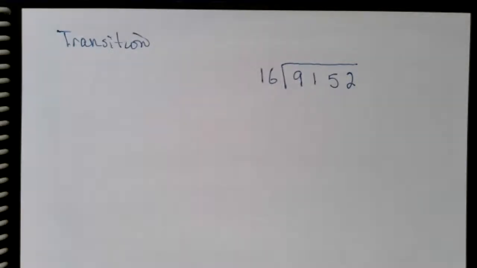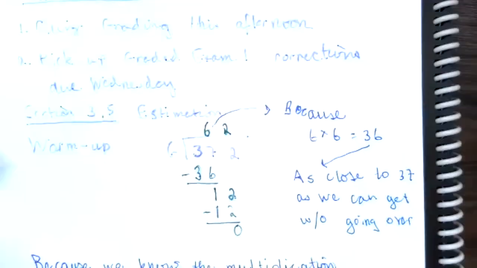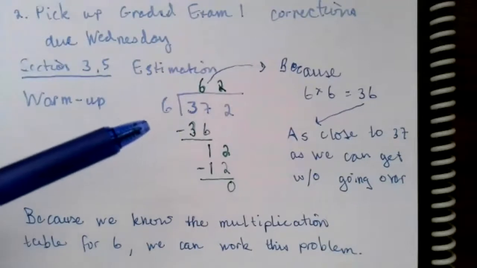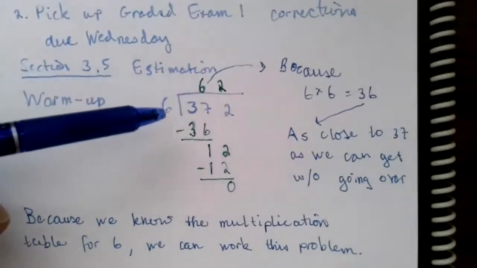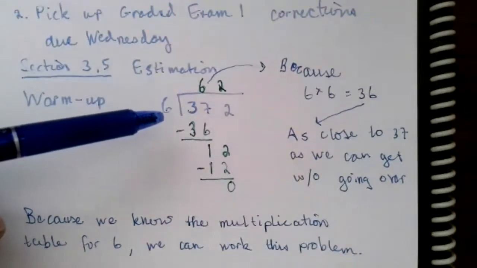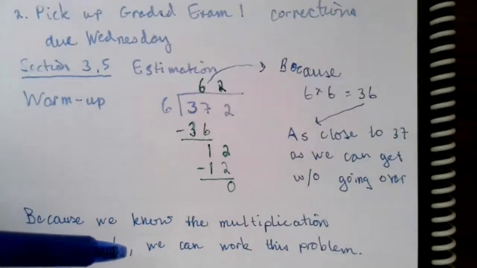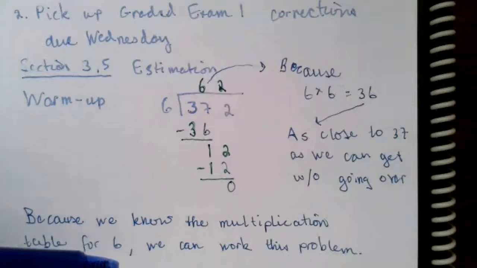Now, the reason that our previous problem was easier, I'm sure most of you could have done this in under 1 minute. The reason this is easier is I know my multiples of 6: 6, 12, 18, 24, 30, 36, 42, 48, 54.